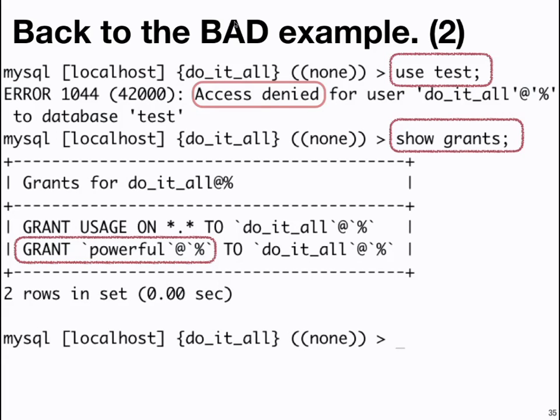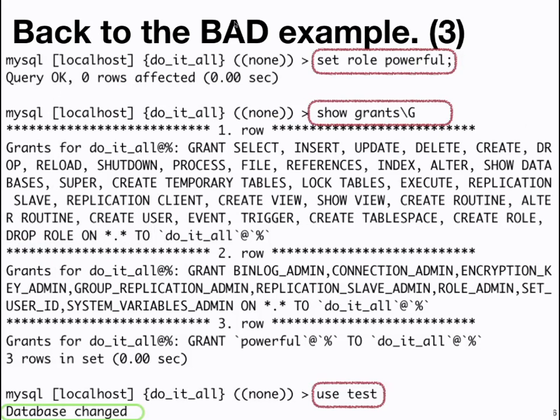So let's go back to the bad example. Remember, we have a user that was assigned the powerful role, and we tried use test, and we got access denied. Show grants, we saw that a powerful role exists, but we couldn't use it. So what happens in this case?